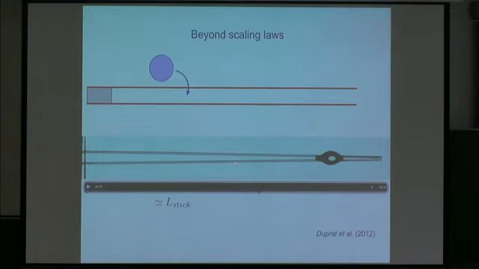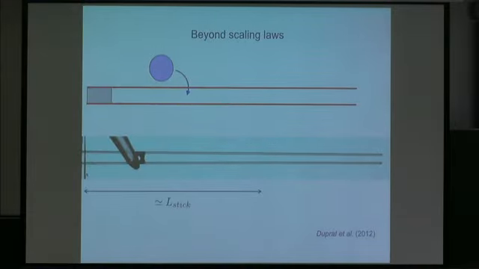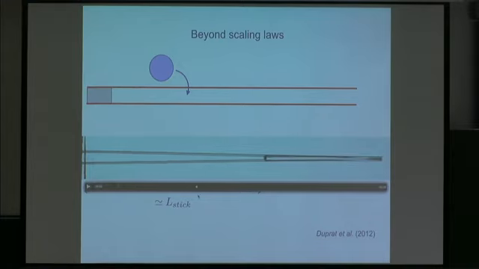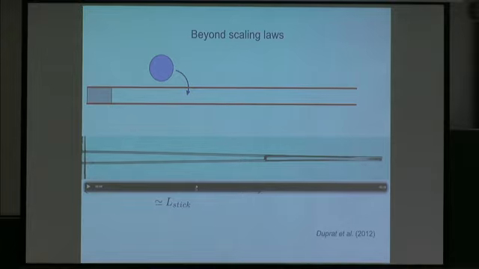So if you put a little droplet, it stops. If you put a single droplet, it will stop basically at the length we defined before. So it's okay. If you add a second one, it will move a bit closer to the clamping point.